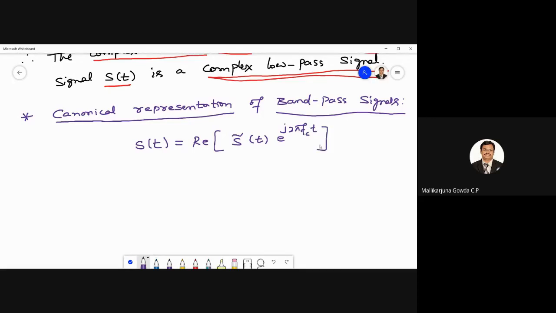Let me call this equation 1. Fine. So I already said what is S tilde of t. S tilde of t is a complex valued quantity, right? So I can express this complex valued quantity in the Cartesian form.